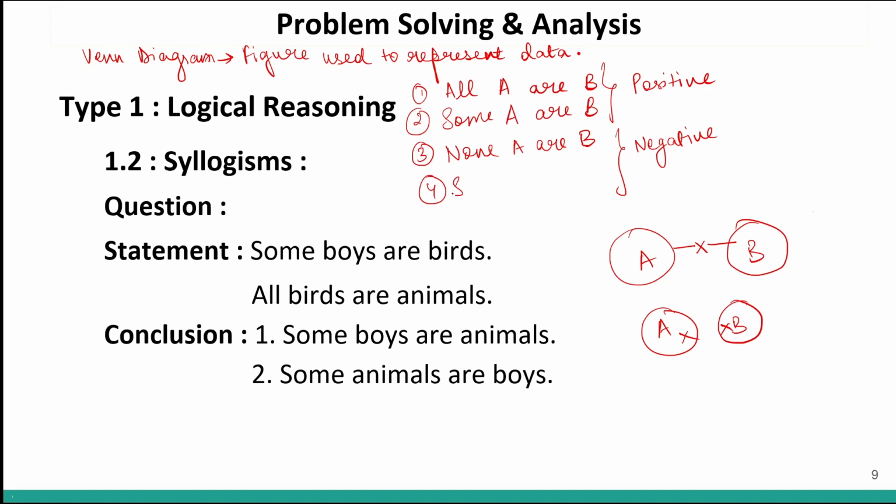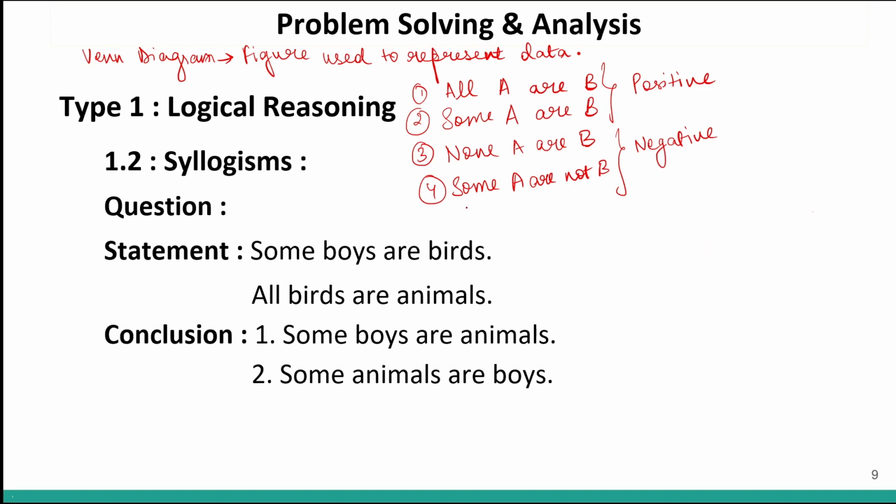Then we can say that some A are not B. So what will be the representation of some A are not B? If I say that some A are not B, that means A and B is like this, but there will be certain part in A, this part, that is not B. Okay, so this is a negative relationship.